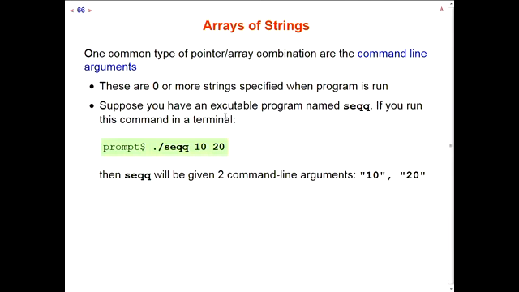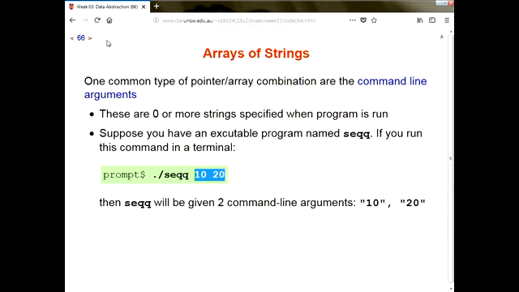Suppose you have an executable program, let's call it SEQQ. All the programs that we have written so far didn't take any command line arguments, so we've just started them as a.out or RBT. But you can also give it command line arguments, and these can be read by your C program.